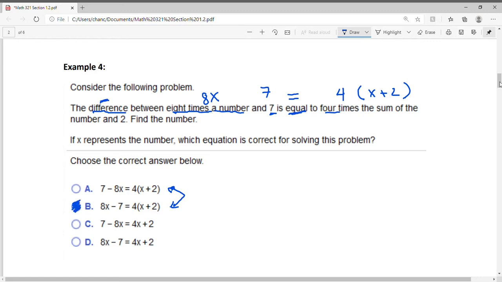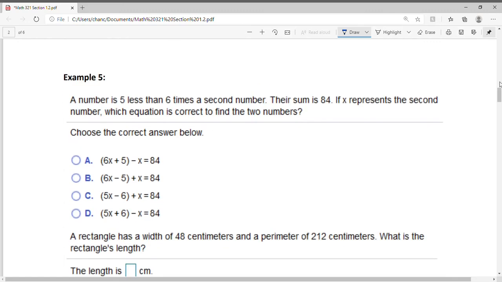Example 5. A number is 5 less than 6 times a second number. Their sum is 84. If x represents the second number, which equation is the correct equation? Alright, so let's see. It says 5 less than 6 times a second number.